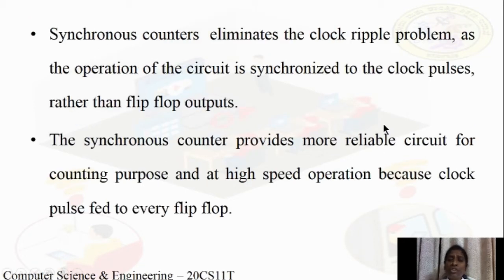Because of the elimination of the ripple problem, it is a more reliable counter, since malfunctions won't occur. So we can rely on this circuit for counting without any fault or mistake.